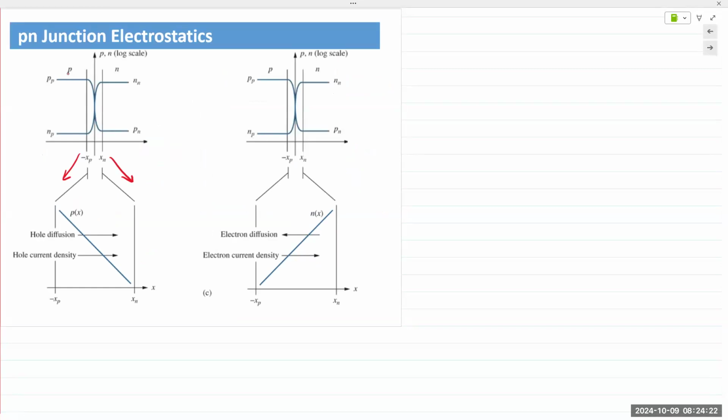Now, if we expand the junction, we see that a diffusion effect takes place, right? We talked about this in chapter 2. When you have a concentration gradient, where the number of carriers is higher in one area and lower in the other area, there is a diffusion current that takes place.